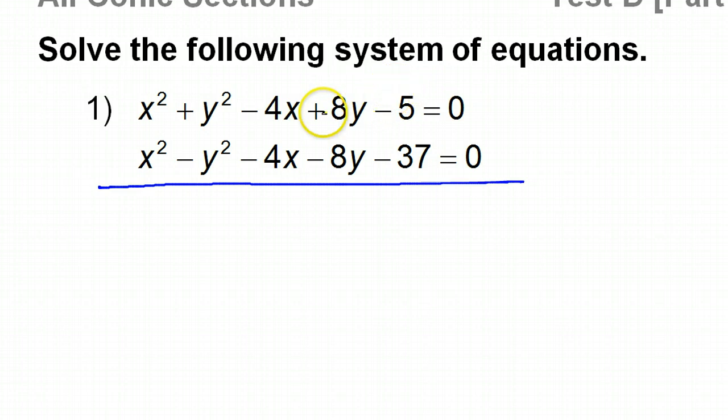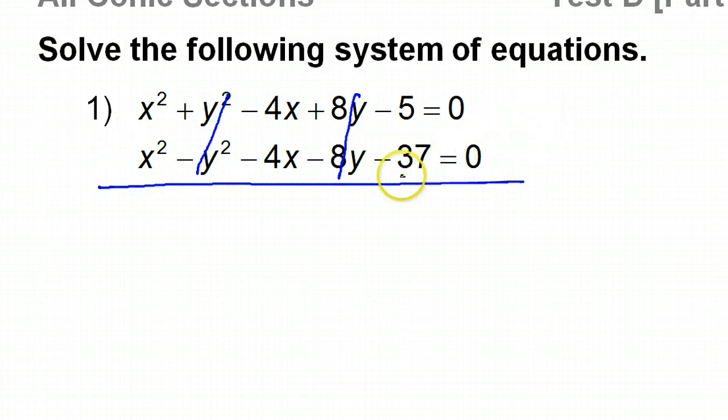Now the way it is, see how the variables are all lined up, and the y's would cancel just the way they are, and even the other y's, the positive 8 and the negative 8, they would also cancel out. Because they're all lined up, it's slightly quicker than setting them equal to each other.